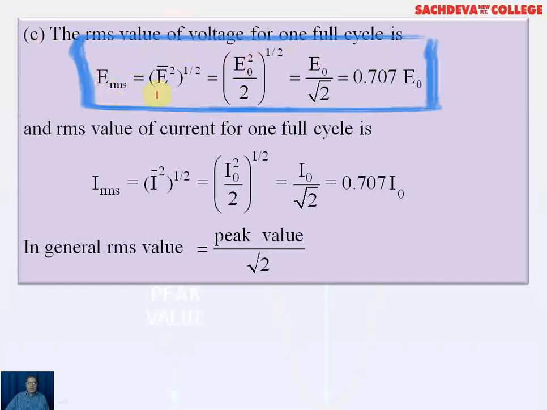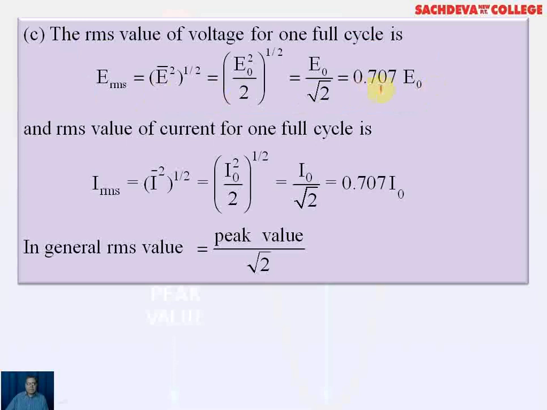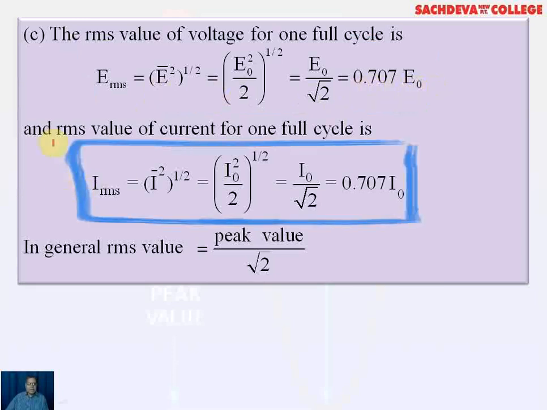When we write E naught over root 2, we multiply and divide by root 2, and the value becomes 0.707 of E naught. The same explanation we can give for I RMS, that is the RMS value of current, or effective value of current, or root mean square value of current. I RMS is also known as the instantaneous value of current. So it is written here I power minus 2, but it is not minus 2, it should be I bar, like it is written for electromotive force.